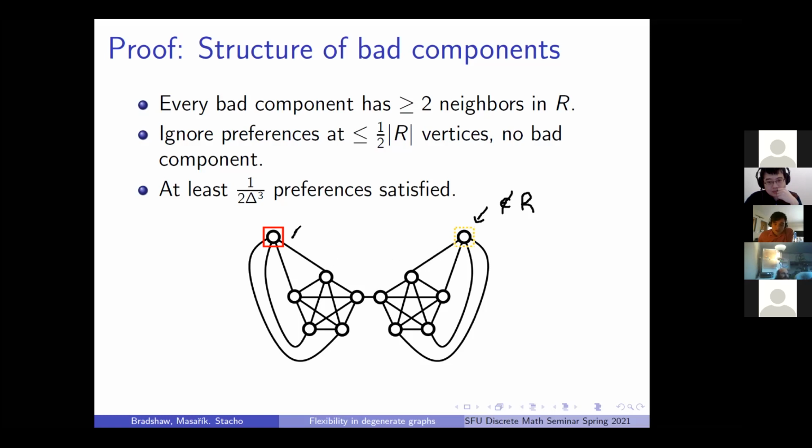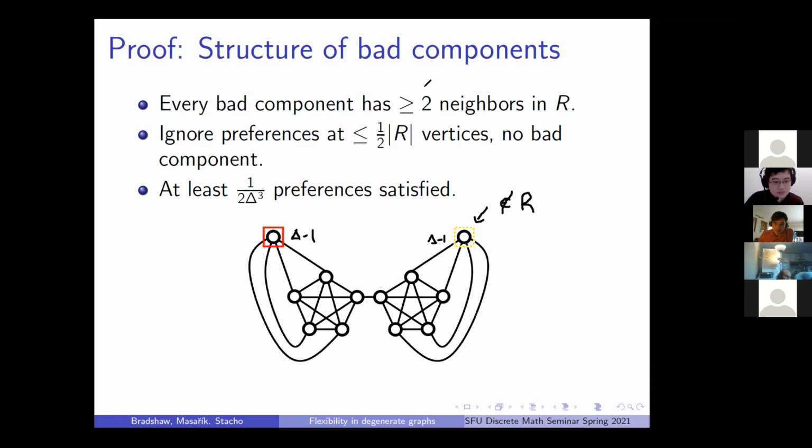Well, first of all, since these vertices both had delta minus 1 neighbors in these K deltas, these 2 vertices that were in R cannot have delta minus 1 neighbors in the terminal blocks of any other bad component. So essentially, these 2 vertices in R correspond uniquely to this one bad component. So we can say that the number of vertices in R is at least twice the number of bad components.